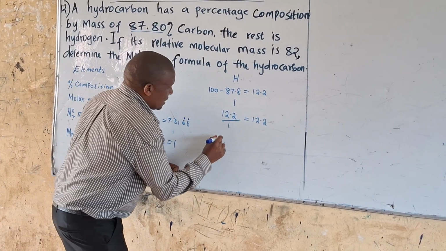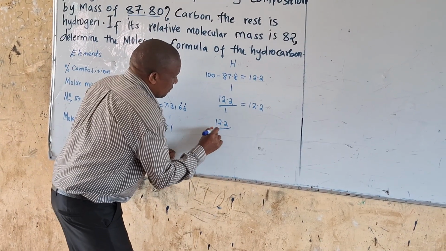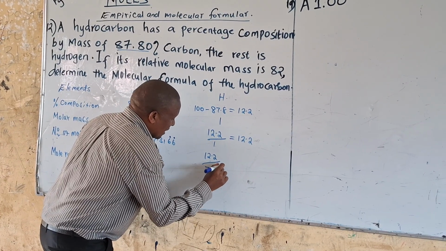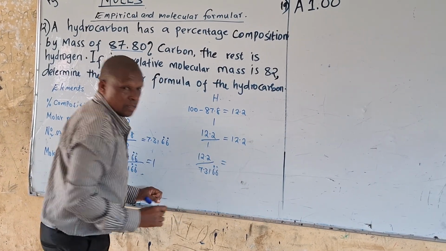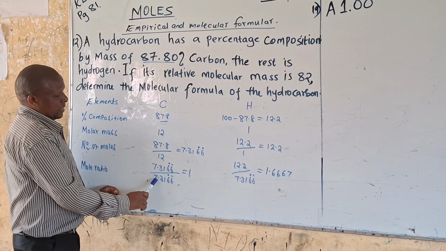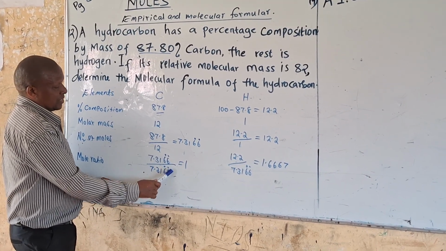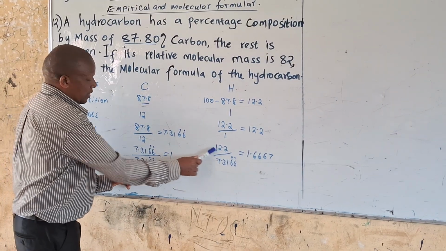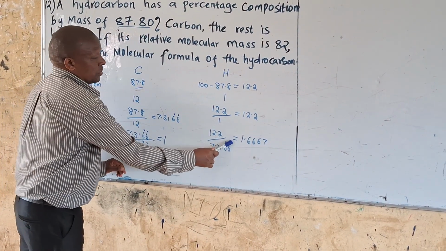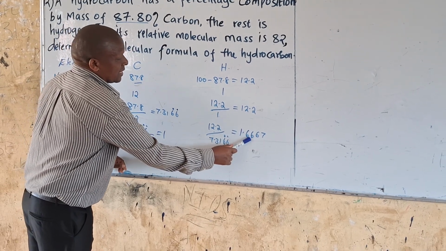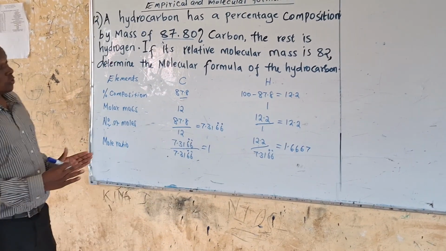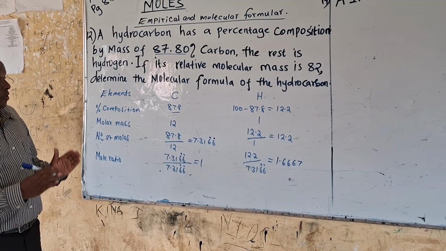And here we divide 12.2 by 7.3166 recurring, and we get 1.6667.